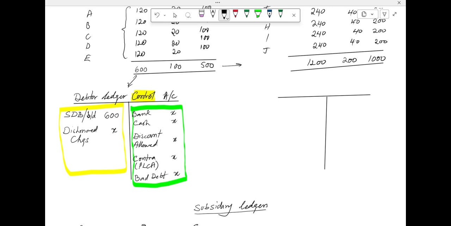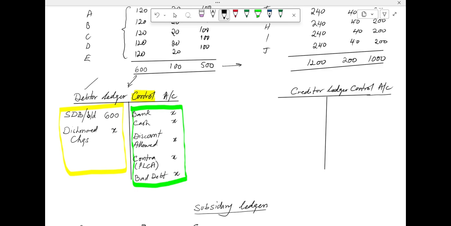We can also call it creditor control account. So suppliers, payables, and creditors, they are the same. Since I have used debtor over here, I'm going to call it creditor control account.